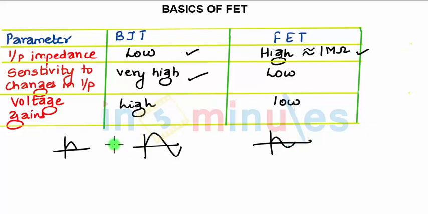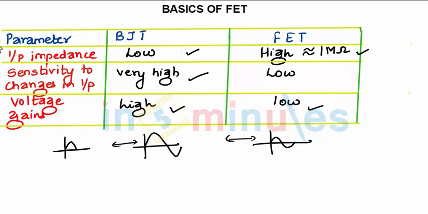The change in the output with the change in the input in BJT is very high as compared to FET. So voltage gains in BJT are again very high, whereas in FET the voltage gains are very low. Typical AC voltage gains for BJT amplifiers are a great deal more than FETs. That means the values of the gains in BJT are very high as compared to FET.